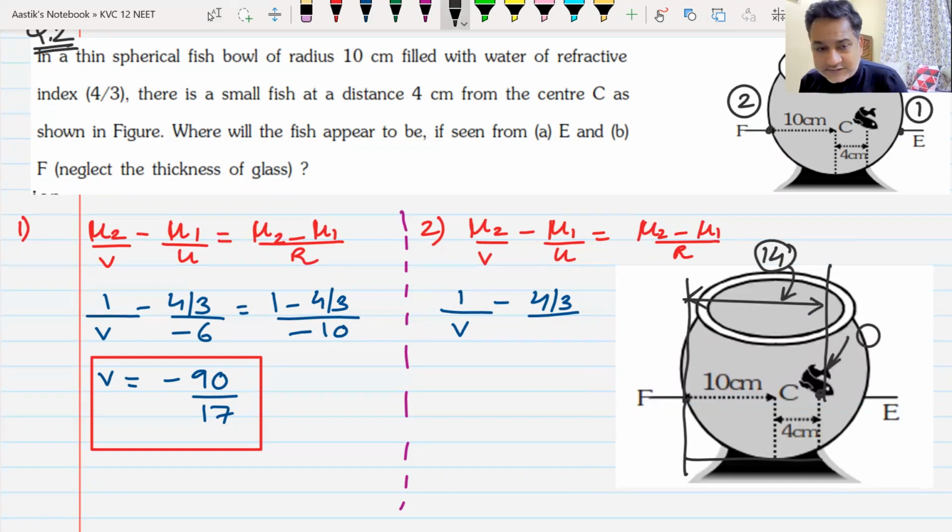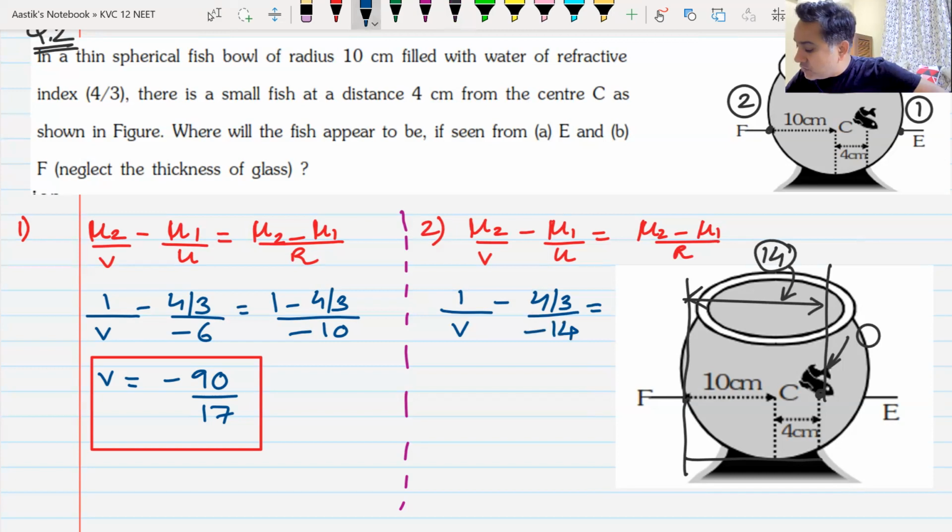How can you take it as 6? Okay, so the distance u is minus 14. Do we understand this? Yes, sir. Boys, do we understand this? Yes, sir.